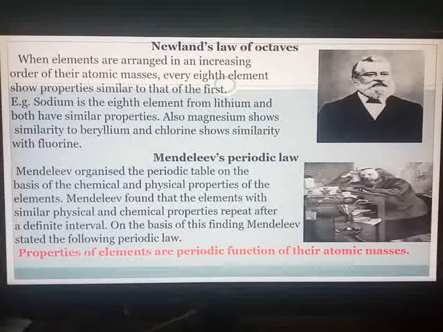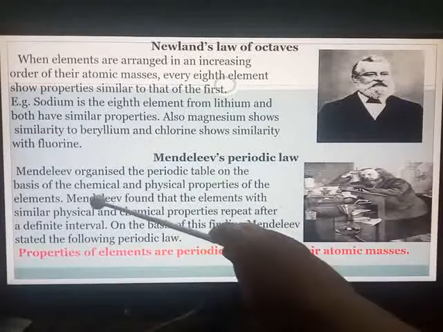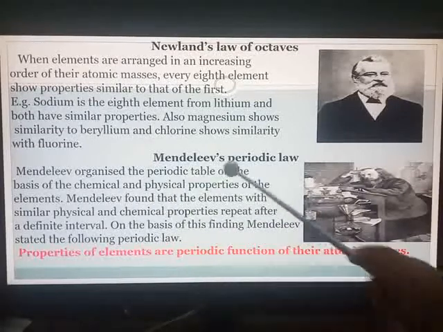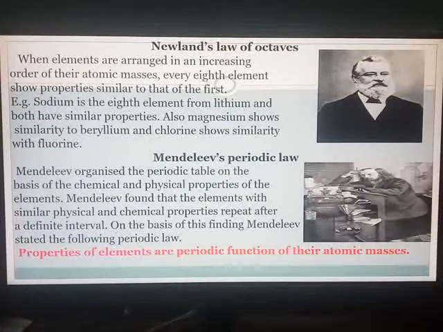But for Mendeleev, up to a certain extent, he was a very successful scientist because he arranged all the 63 elements which were known at that time in again an increasing order of their atomic masses. And hence, he organized the first periodic table on the basis of chemical and physical properties of the elements.